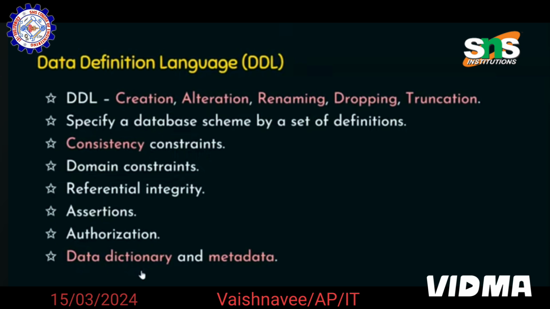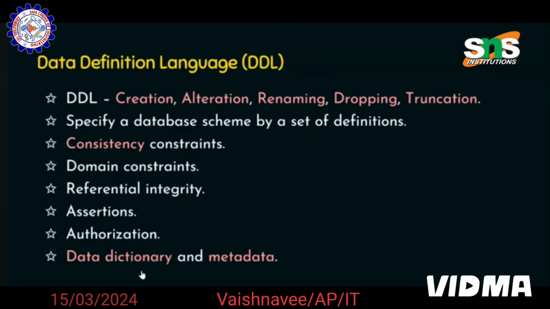What do we mean by data dictionary? Generally, whatever DDL commands we execute, all DDL commands are going to generate an output, and the output of all the DDL commands is placed in a special table called the data dictionary. Remember this, the data dictionary is a special type of table, and it's going to contain metadata, which means data about data.